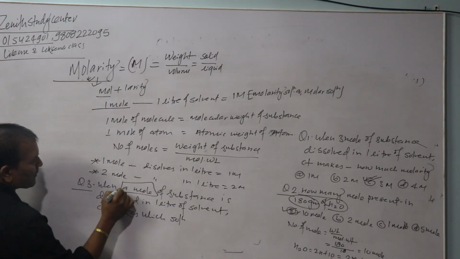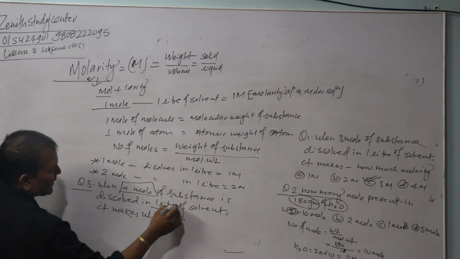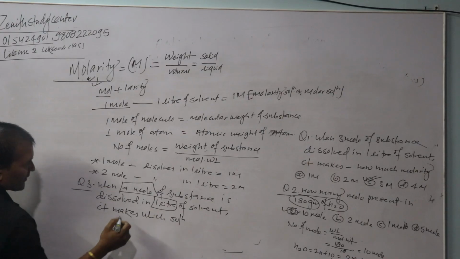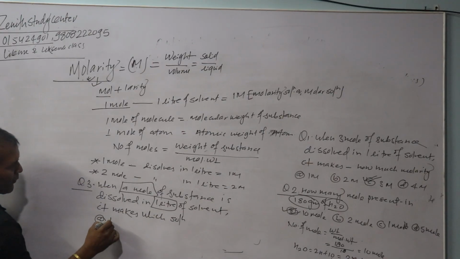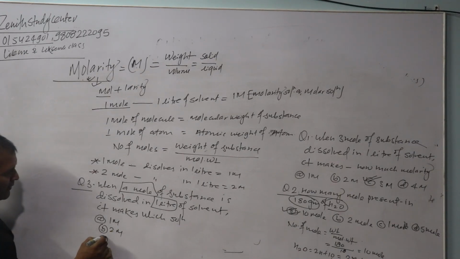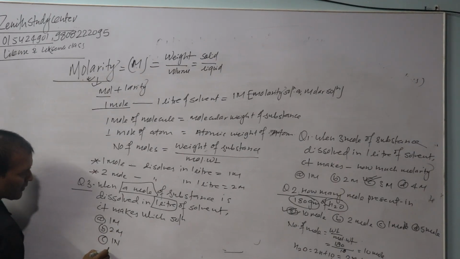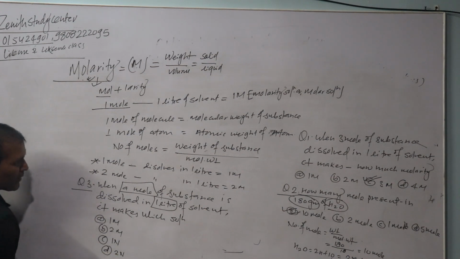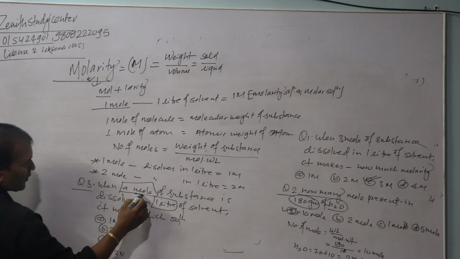So a mole means 1 mole, 1 liter. So moles versus liter. Option A 1 molar, B 2 molar, C 1 normal, D 2 normal. So here is a mole.